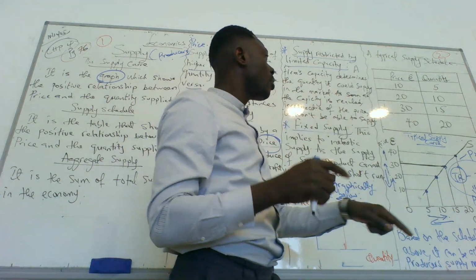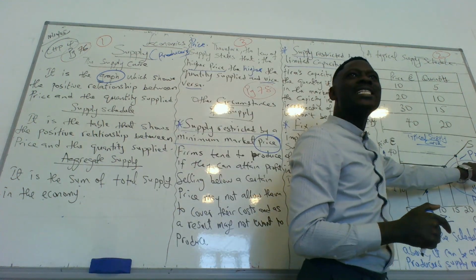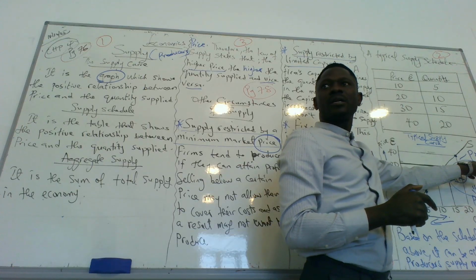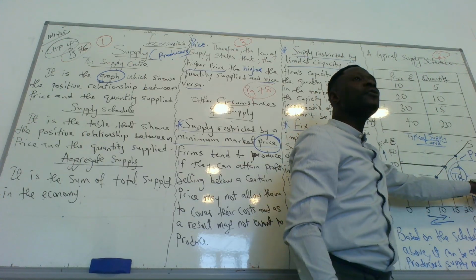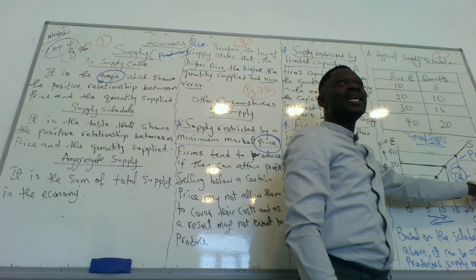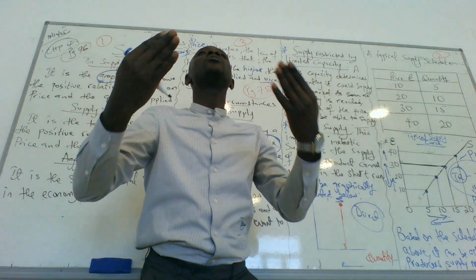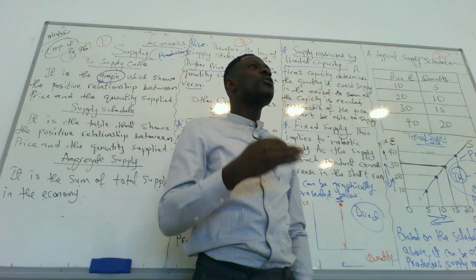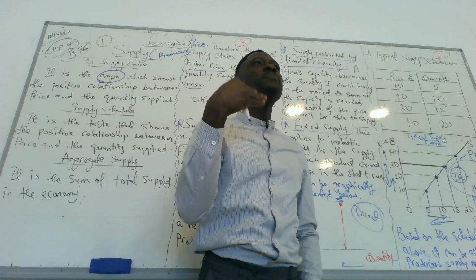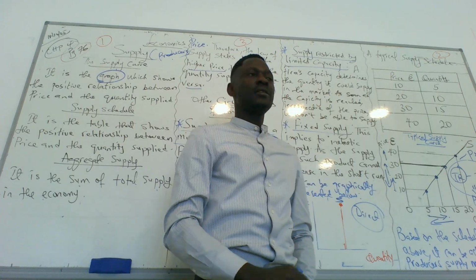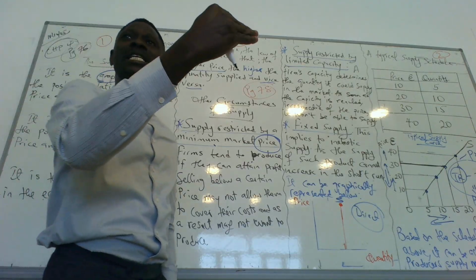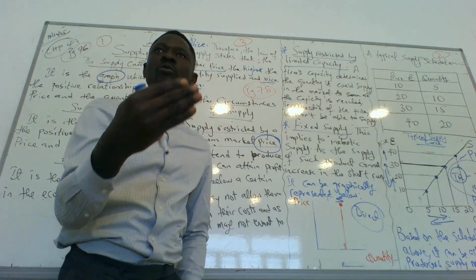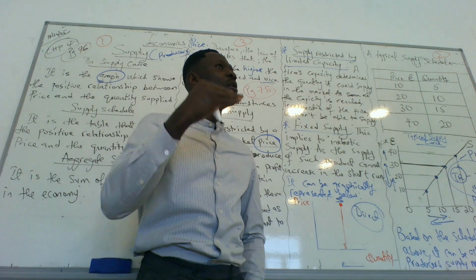So firms only want to supply when the price is right. If the price is minimum, it will not allow them to cover their cost, and as a result they would not want to supply. So supply might be restricted because the price is not right. If the market price is minimum, producers will not be able to cover their cost.